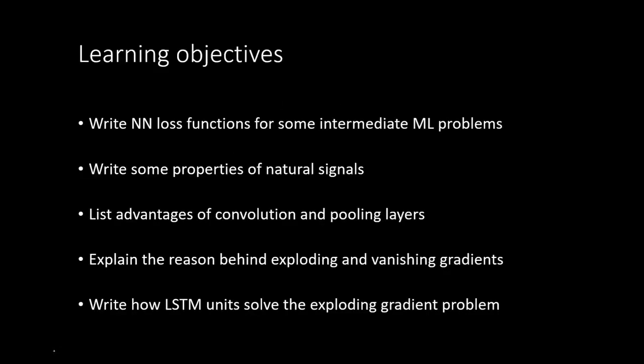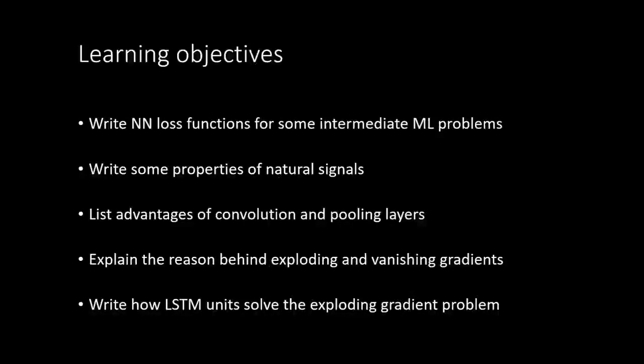The learning objectives of this module are that you should be able to write neural network loss functions for slightly more advanced machine learning problems than what you have been used to till now. You should be able to write some properties of natural signals for which special layer architectures of neural networks are useful, for example convolution and pooling.